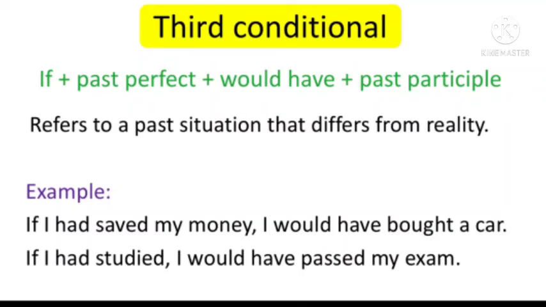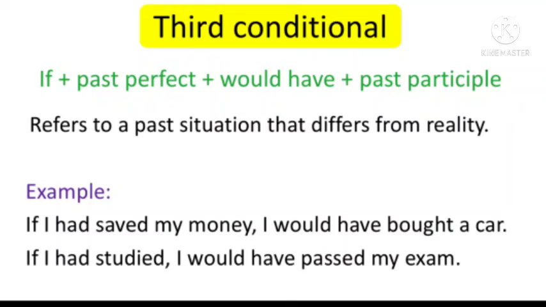We can use these four in the main clause, but the if clause must be in past perfect, which means had plus past participle. That is the verb structure. Since I have already taught tenses, it is very clear how to use past perfect. So the third conditional refers to a past situation that differs from reality.